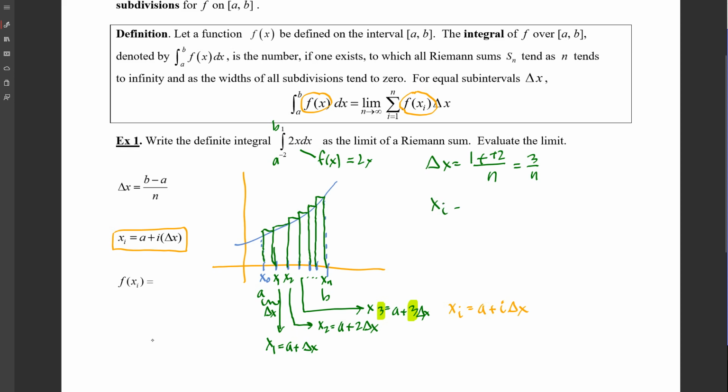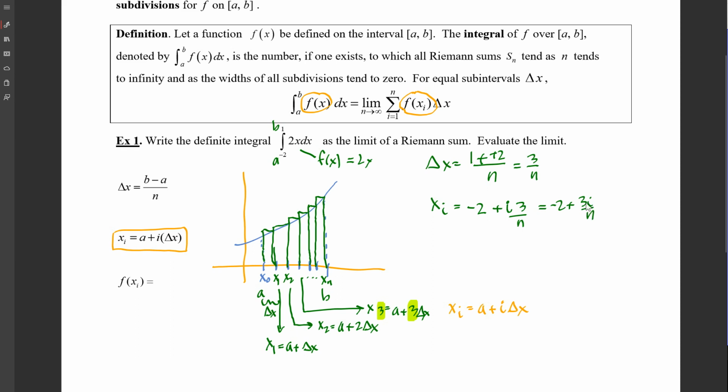What's my xi equal to? Well, xi is equal to a, which is negative 2, plus I times delta x, which is 3 over n. Sometimes I write it like this, and sometimes I write it like this. Now be careful. My I is not the I like in Algebra 2 when you learn about imaginary numbers. This I is just a counter.